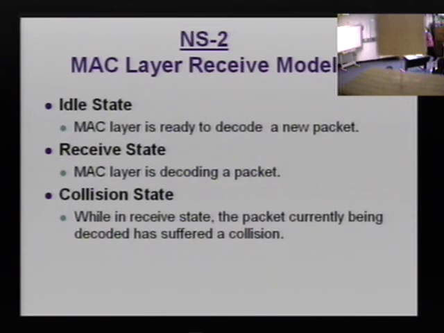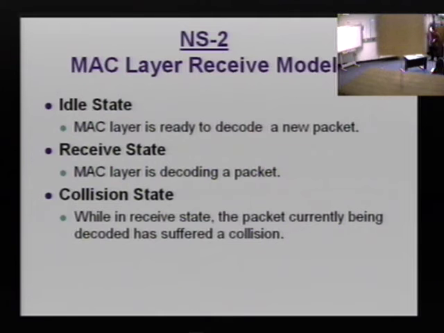In the MAC layer, assuming for example the MAC layer was in idle state, when this packet comes, it switches into receive state. And then if another packet comes, which is also higher than the carrier sensing threshold, and if their power ratio is higher than 10 dB, meaning the packet currently being received is 10 dB higher than the new packet, there's no problem.